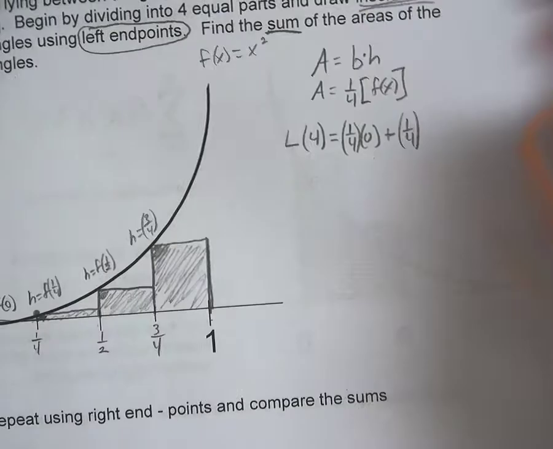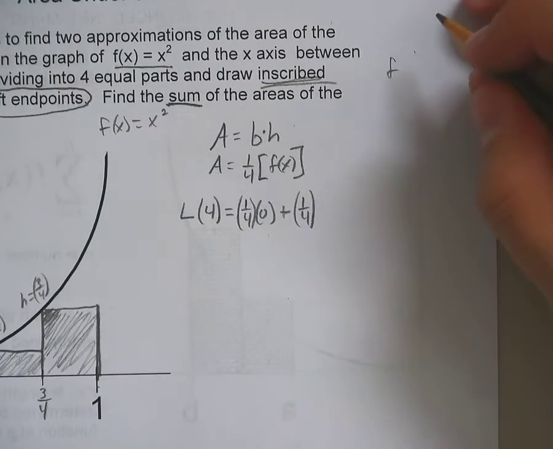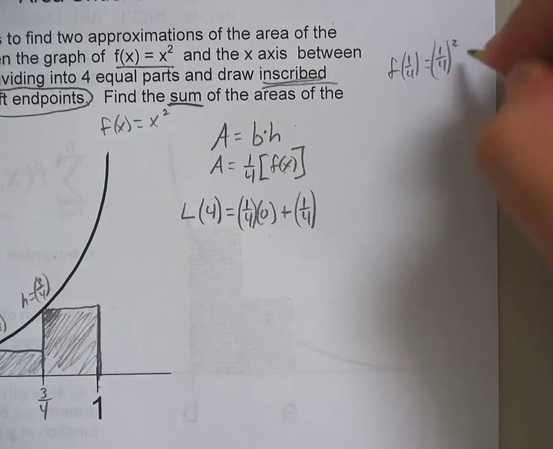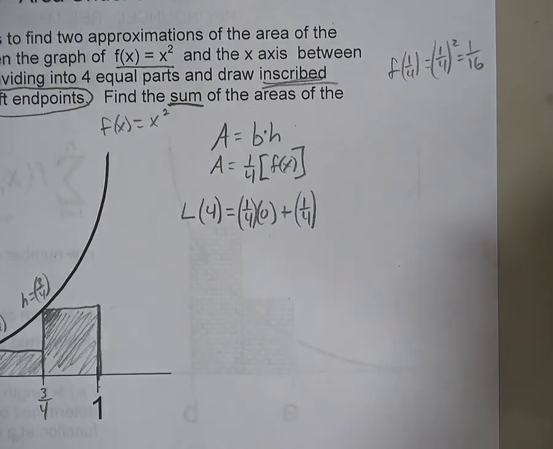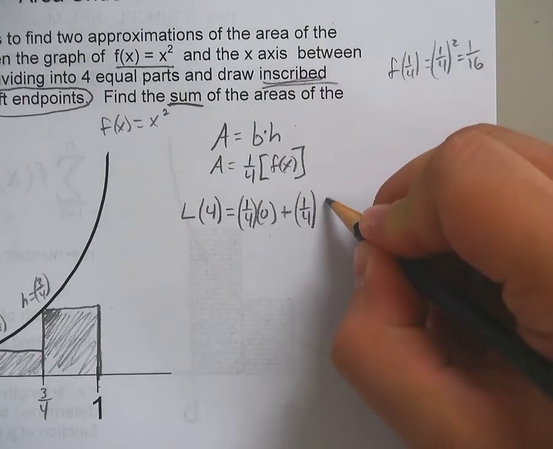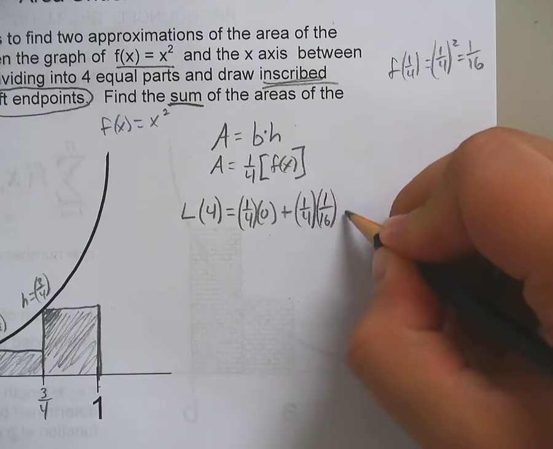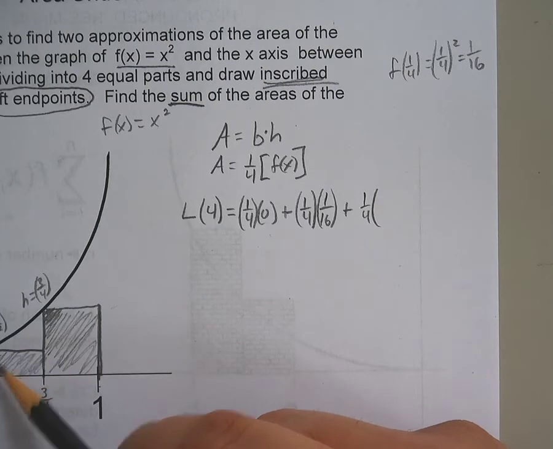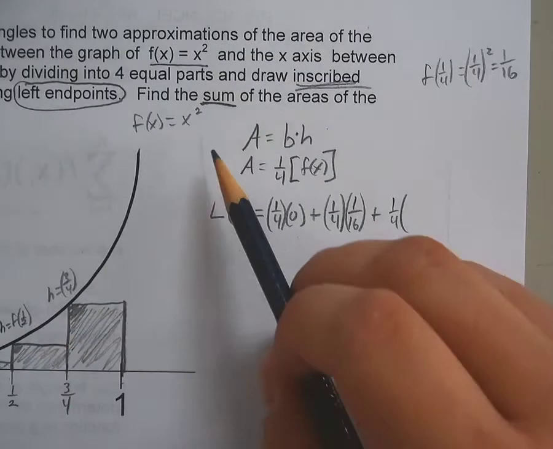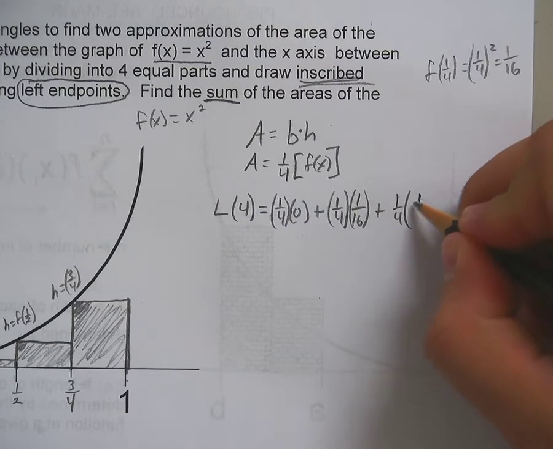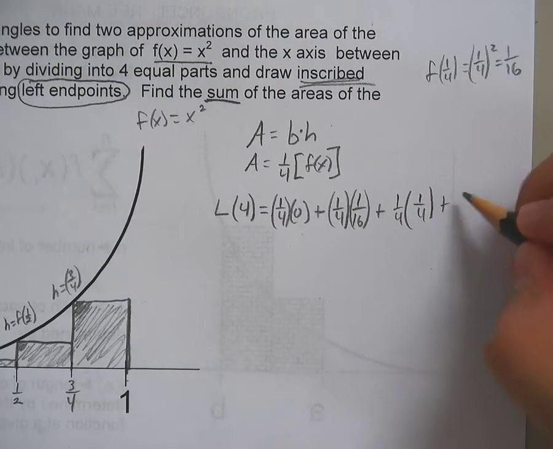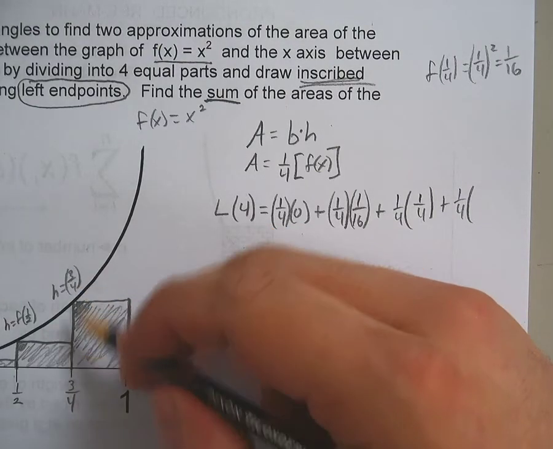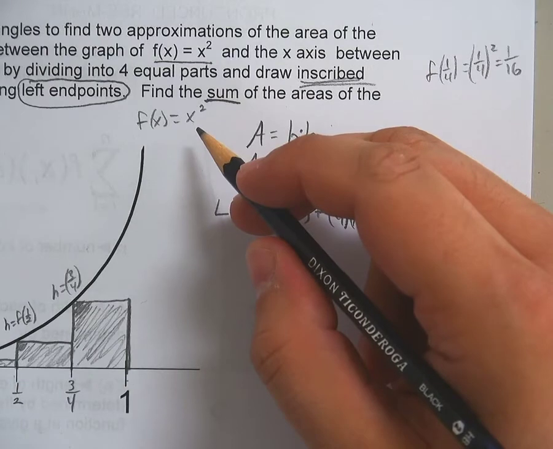F of 1/4 is 1/4 squared, which is 1/16. So it's 1/4 times a height of 1/16, plus a base of 1/4 times a height of, if I plug in a half into my function, 1/4, plus 1/4 times the height of this one here, so 3/4 for my x value. I'm going to plug that into x squared, and that'll be 9/16.